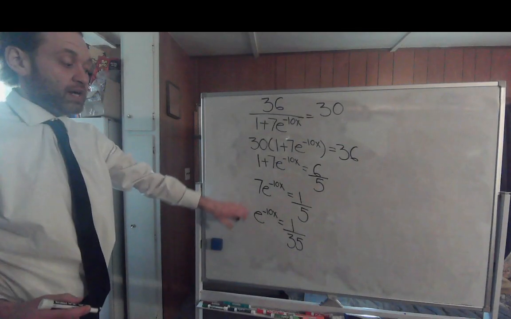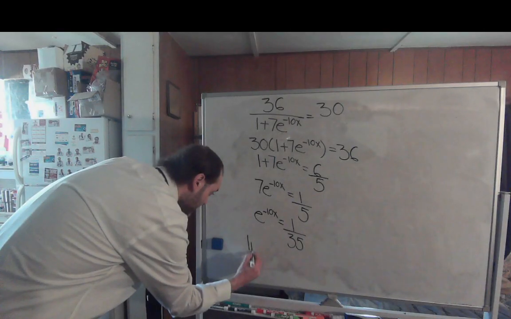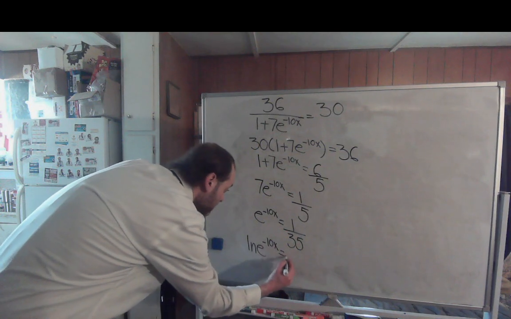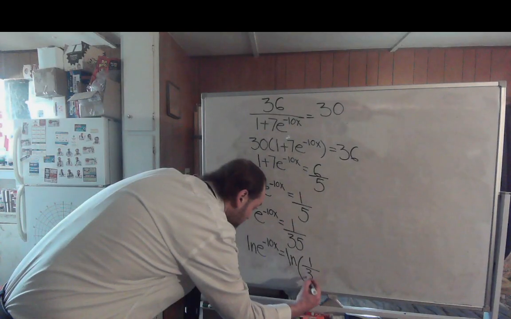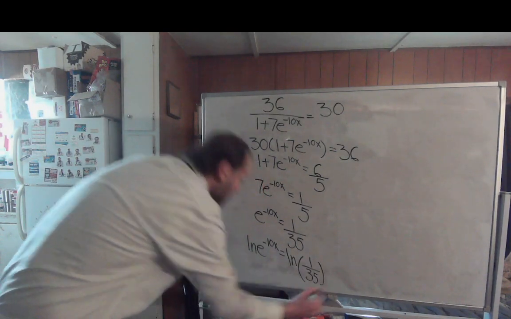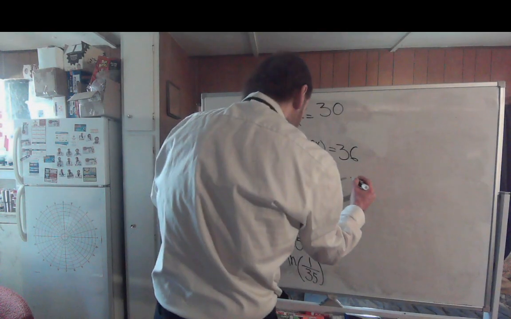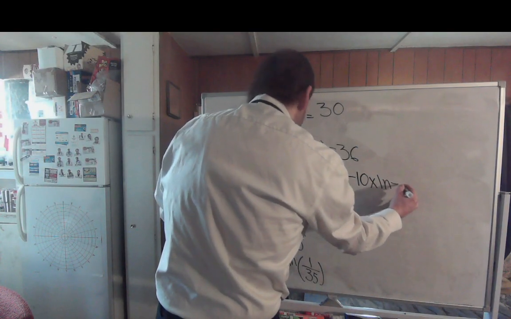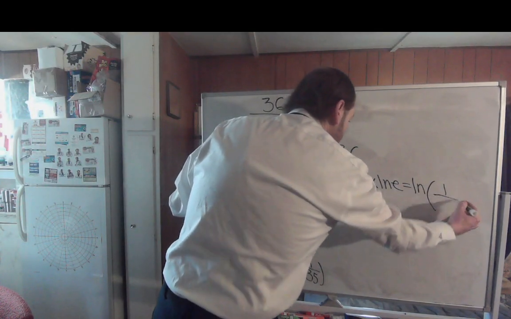Now we need to pull out the natural log to solve for that x, so the natural log of e to the negative 10x would equal the natural log of 1/35. Well, the left side you have a power rule, so then you'll end up having negative 10x times the natural log of e equals the natural log of 1/35.